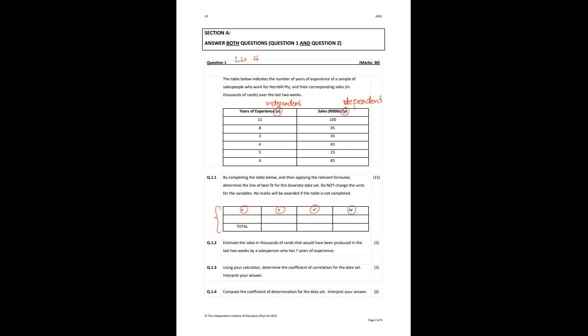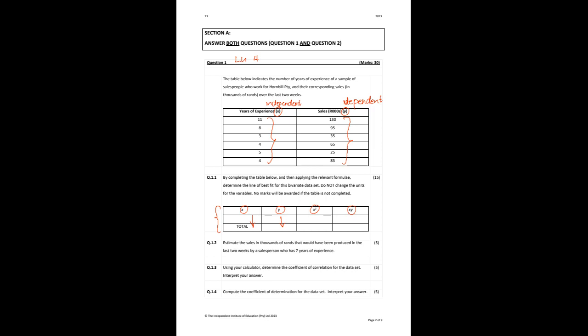So here you will complete the table. Remember, the first 2 columns are already given to you, so you're literally just copying that information, copy and paste to the relevant columns here. And then you have X squared, which is literally just squaring each of the X values from, again, the information at the top.